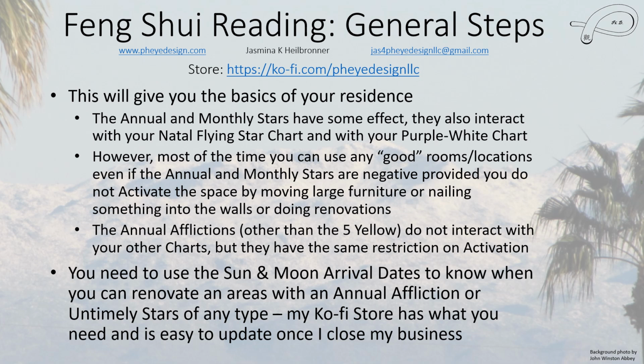You can update the dates even after I close my business, because there's publicly available information from the Hong Kong Observatory that will tell you the actual dates. You can do this forever, and it's good for any house or apartment you happen to live in. It's all good.